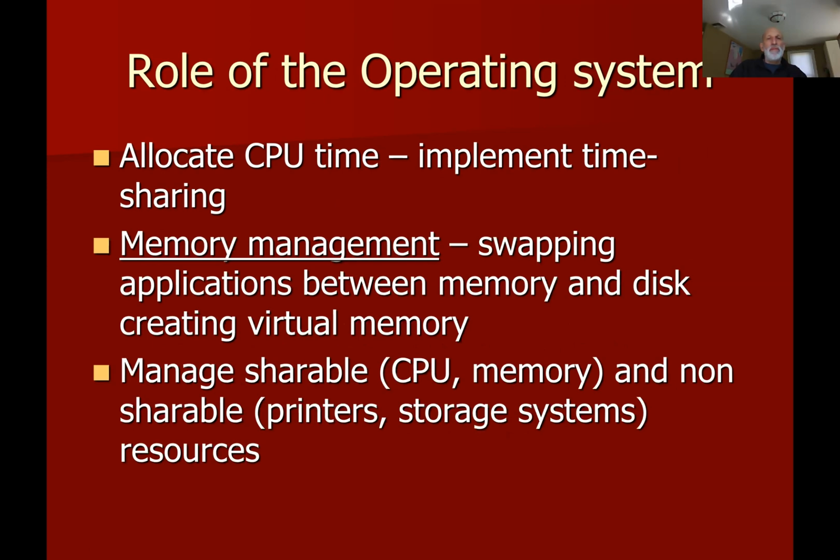And to a lesser extent, as all computers do, the operating system manages all the shareable resources, such as CPU and memory, and also the non-shareable ones like printers, storage systems, and so forth. Okay, so that's all you need to know. This is an important slide right here as far as test number 3 is concerned, having to do with the operating system.